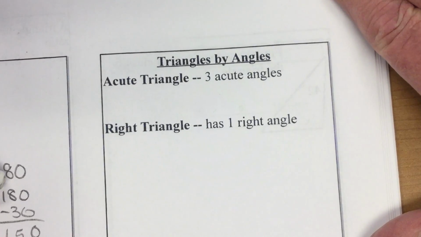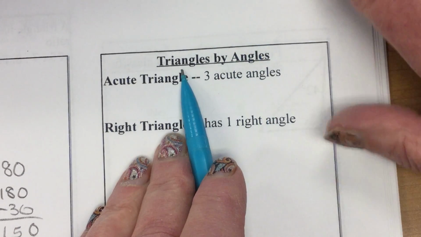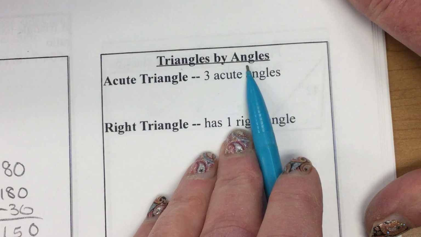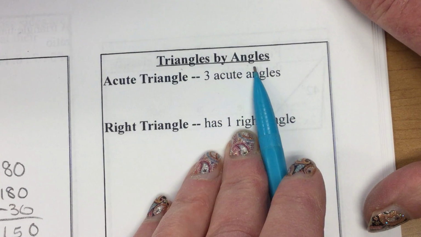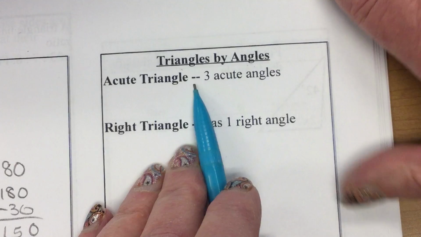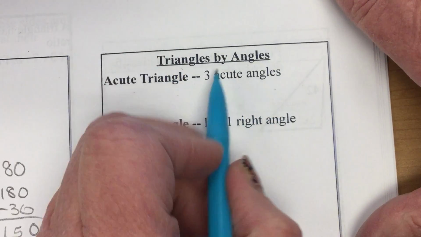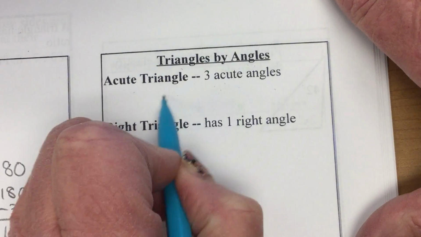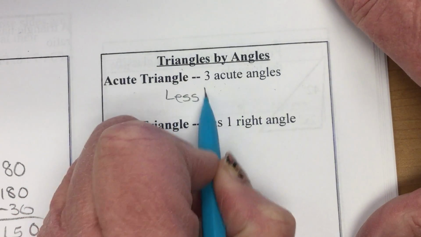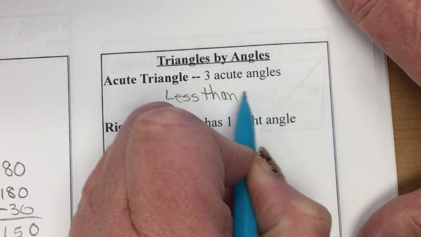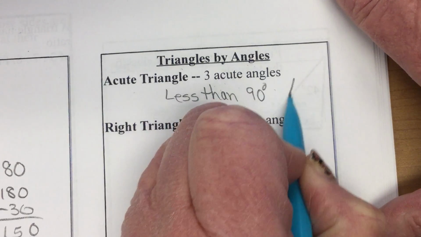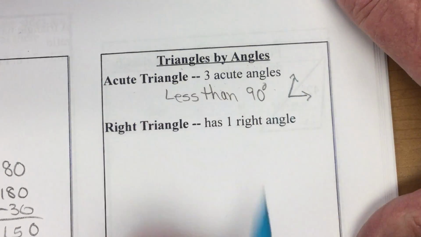We classify triangles two different ways. The first way is by its angles. An acute triangle has three acute angles. And remember, acute angles are less than 90 degrees.